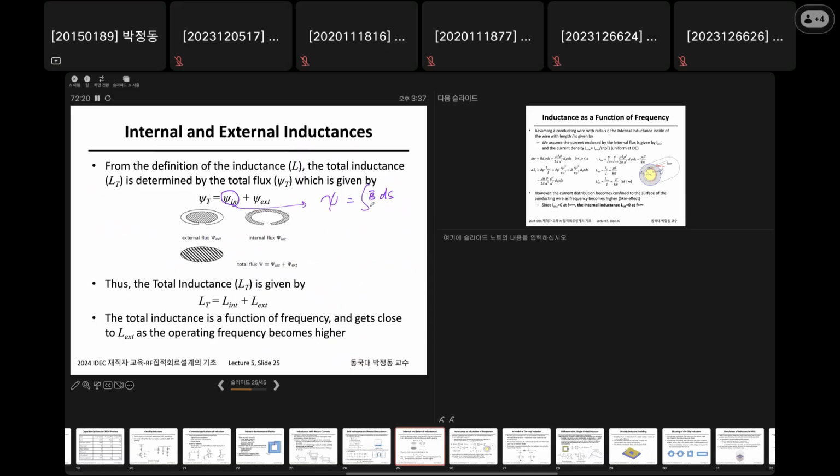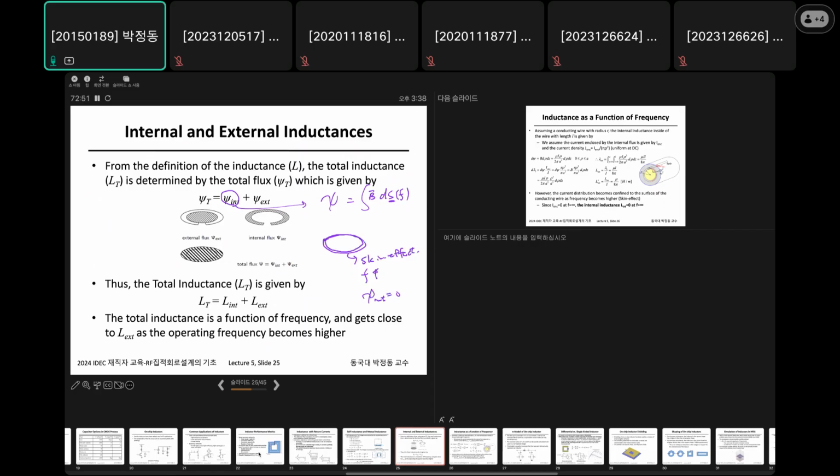This skin depth is a function of frequency. As the frequency goes higher and higher, all the current conducts only at the edge, which is called the skin effect. So as the frequency goes higher, the internal flux becomes 0.